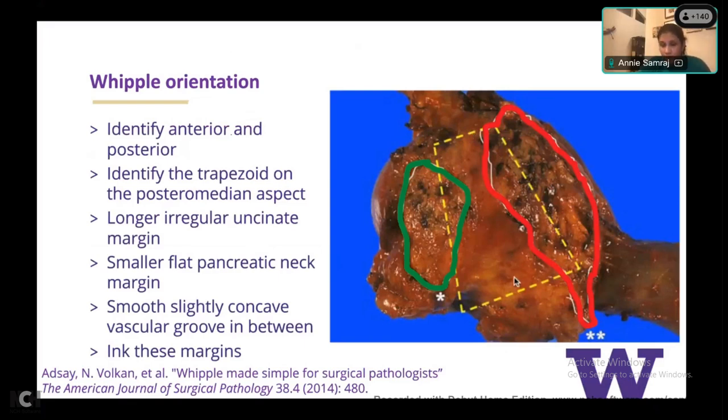The smaller cauterized area is usually going to be your pancreatic neck, and the larger cauterized area, which is more ragged, is going to be the uncinate margin. So this slightly concave vascular groove is the first thing that is easiest to identify. And then once you identify that, the pancreatic neck and the uncinate are easier to identify. And once these are identified, ink these margins.